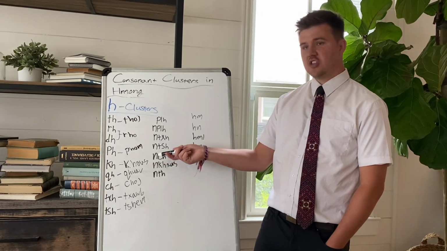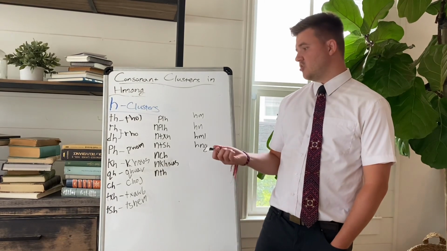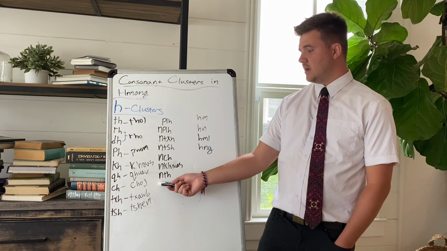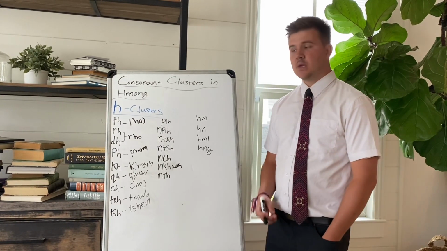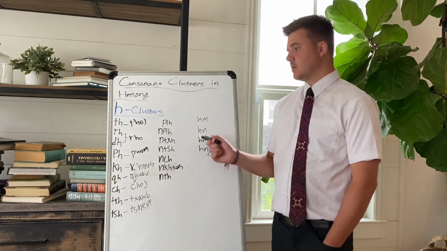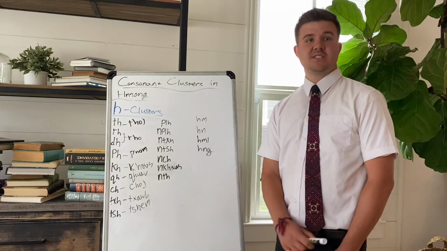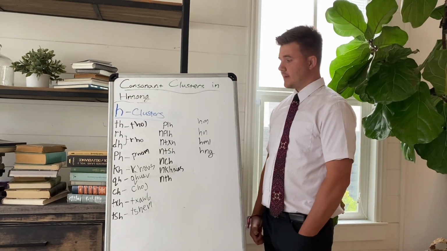Just like nchua, and then nkao, and nta, like ntua. These are all sounds that you'll find. Don't get intimidated. You just need to add them together. There's probably a lot more of these that I didn't write here, but when you see them, you just learn them as you go, okay.